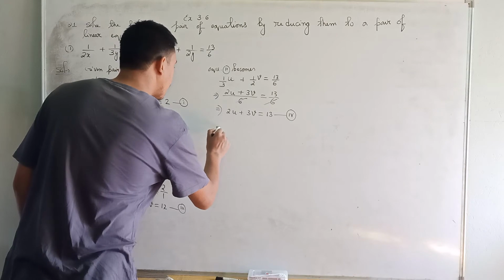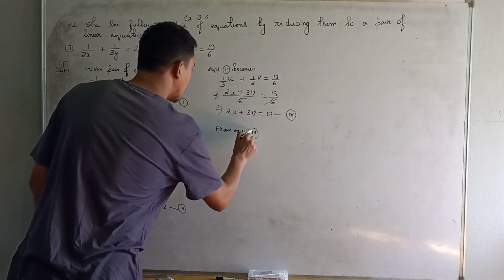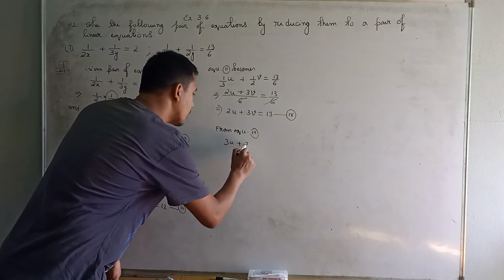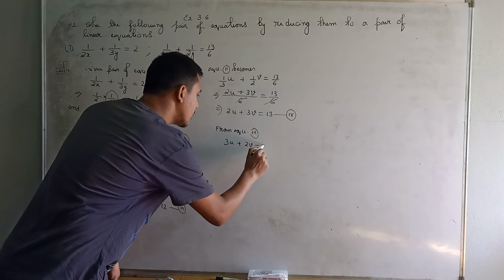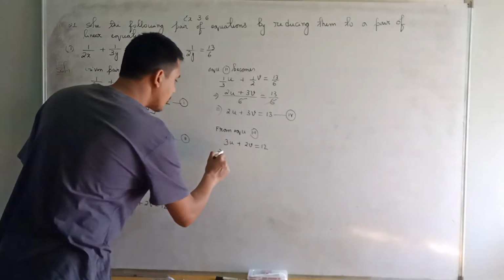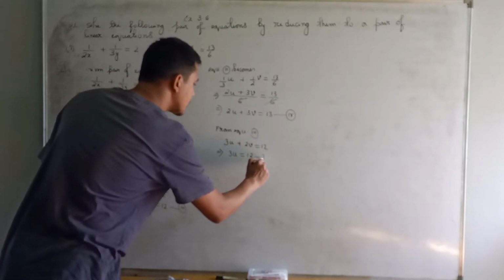So from equation 3, your equation 3 is 3u plus 2v is 12. Let's find u from here. 3u is equal to 12 minus 2v.